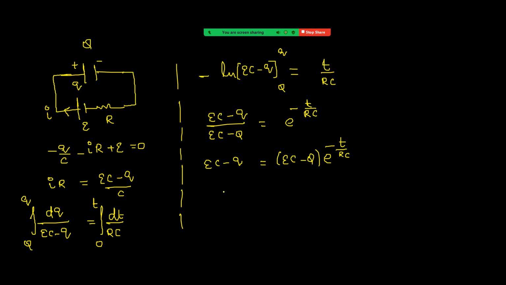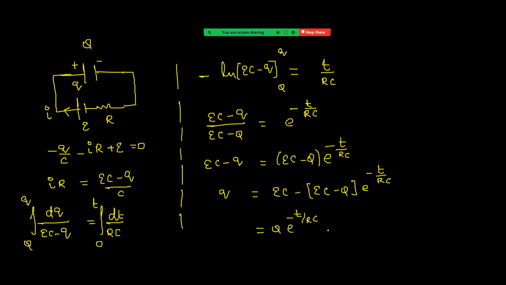So now Q equal to epsilon C minus epsilon C minus Q into e power minus t by RC. Now simplify this. Minus of minus plus, I can take Q outside. Q e power minus t by RC.